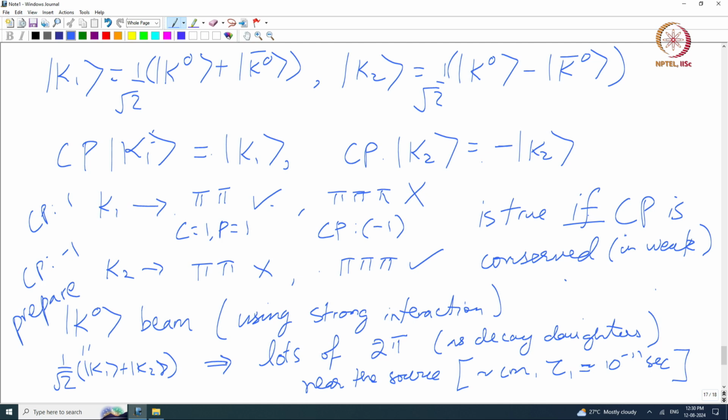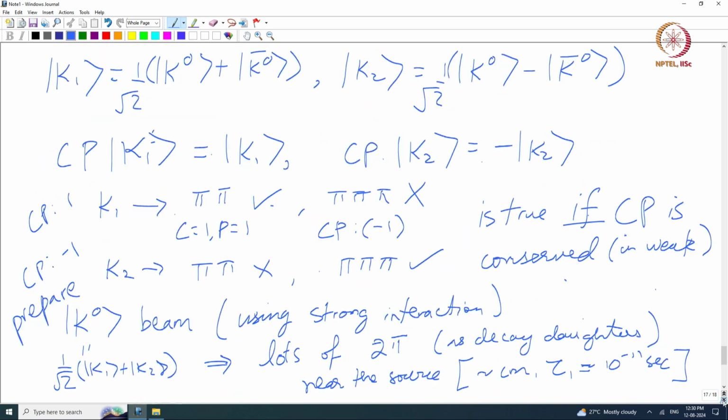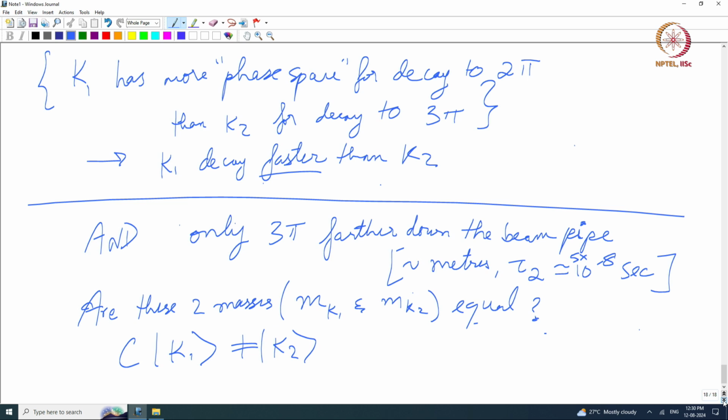If I apply C on K2, I get a minus K2, correct. So, K1 and K2 are not particle and antiparticle of each other. That means there is no reason for their masses to be equal, they are not particle and antiparticle. No reason for equal masses.